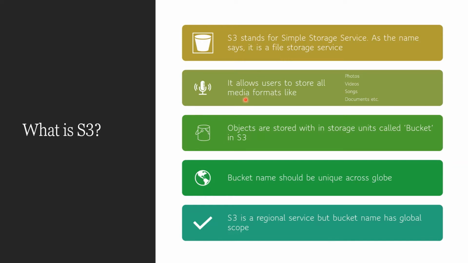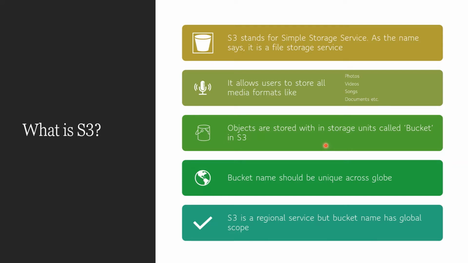It allows users to store all media formats like photos, videos, songs, documents, etc. Basically, it's used for all types of files. Objects are stored within a storage unit called a bucket. Buckets are the base units of the S3 service.